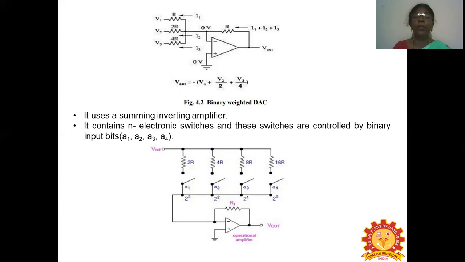Therefore, the current flowing across that resistor is nothing but the summation of three currents, I1 plus I2 plus I3. Therefore, the output voltage here is represented by V out.